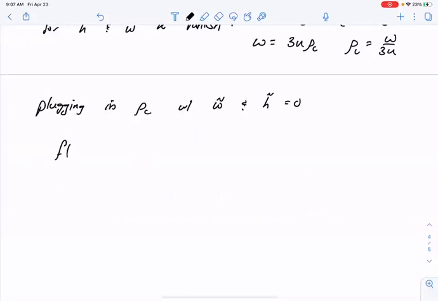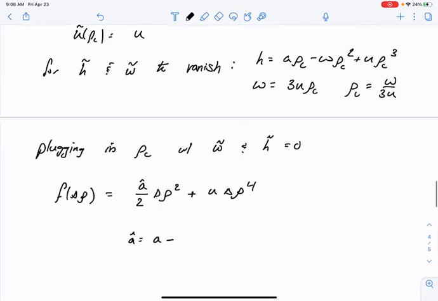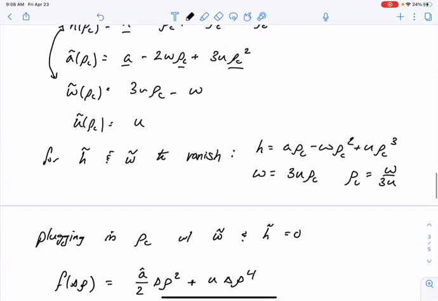we would get a local free energy density as a function of delta rho, which is equal to some A hat over 2 delta rho squared plus U delta rho to the 4th, where this A hat is A less than, so you get 2W squared over 3U, 3W.